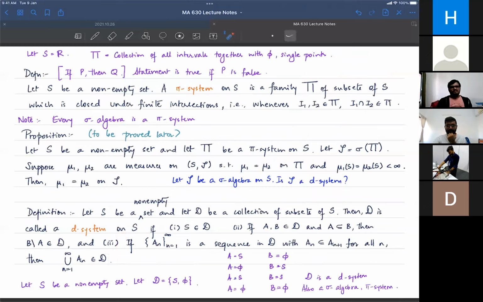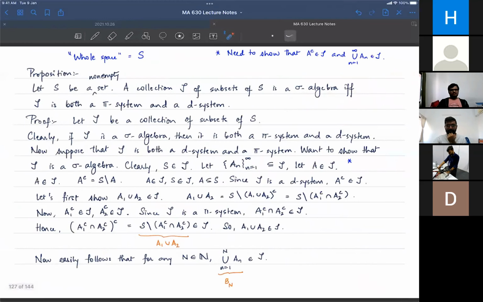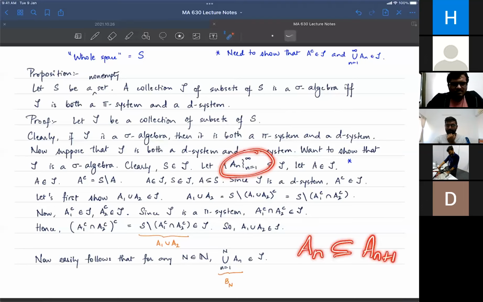Let me ask you, in our notation, is An contained in An plus 1? Right here, I took a sequence An. Is An contained in An plus 1? Do I have any reason to believe that? No, I have no reason whatsoever.